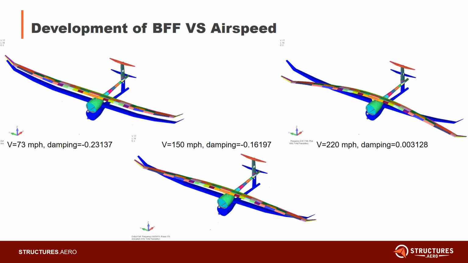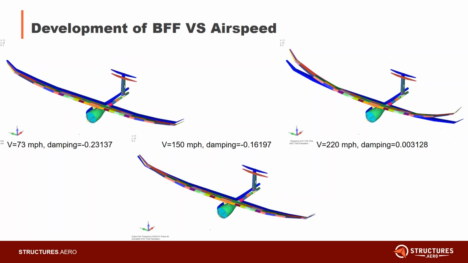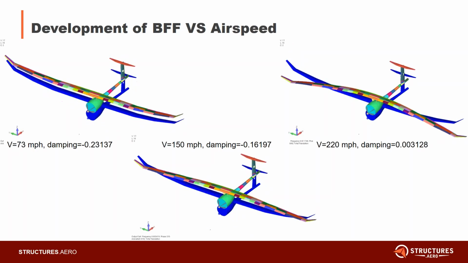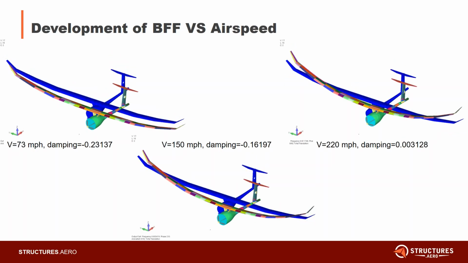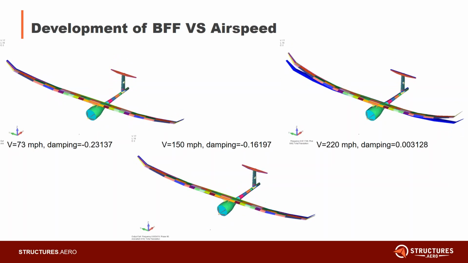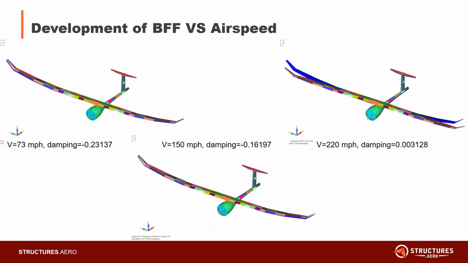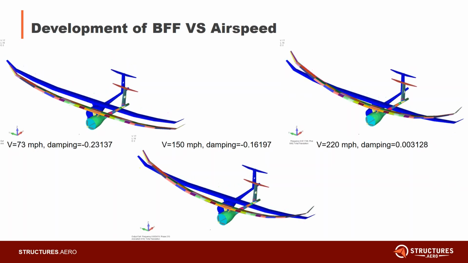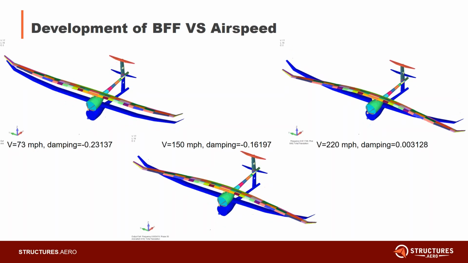Although at 73 and 150 miles an hour they look relatively in phase, at the 220 mile an hour airspeed where it finally goes unstable, you can see that the plunging motion of our aircraft coupled with the first bending mode is out of phase with each other, okay?